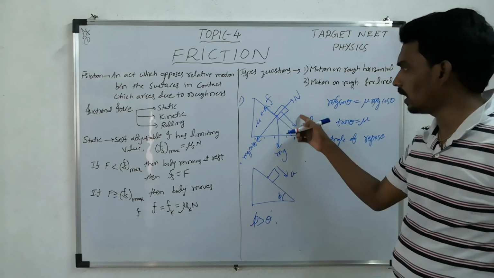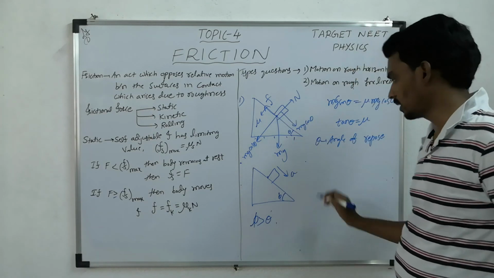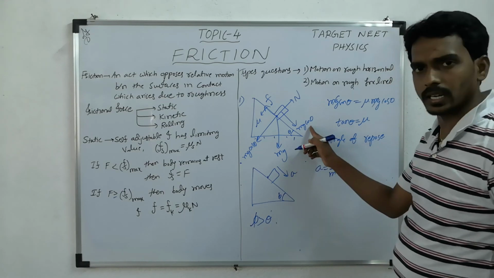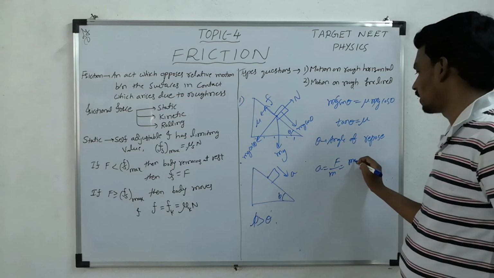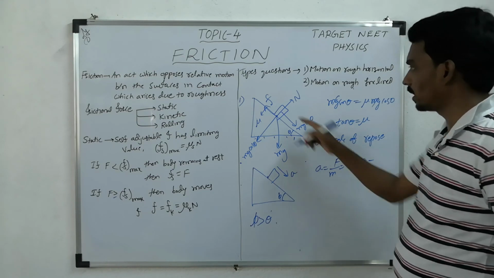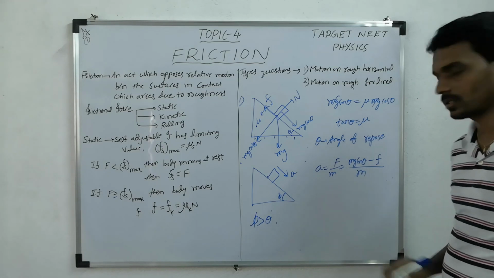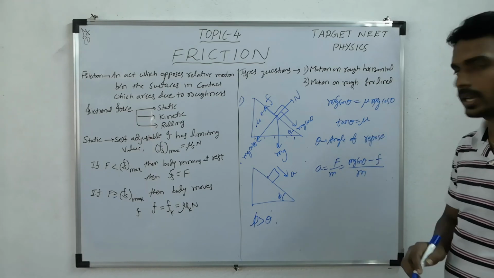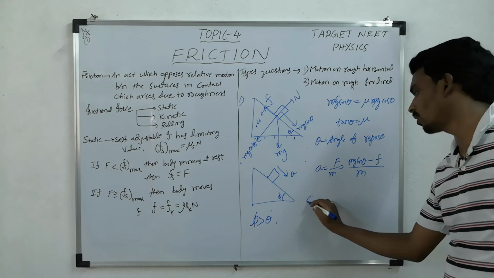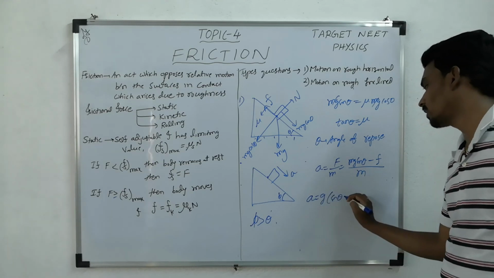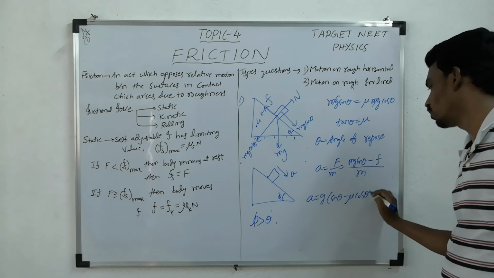If you take the equation of acceleration, what is acceleration? Resultant force by mass. The resultant force is the force in the direction, mg sin theta, minus the force in the opposite direction, F, divided by mass. F equals mu N, and N equals mg cos theta, so m gets cancelled. Substituting F equal to mu mg cos theta, we get g into sin theta minus mu cos theta.